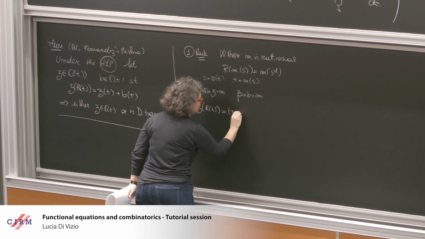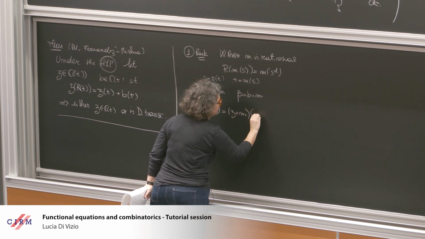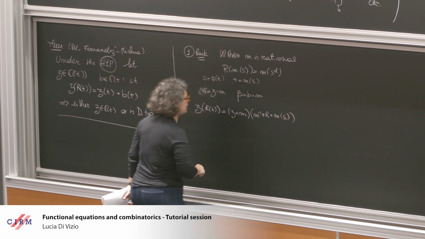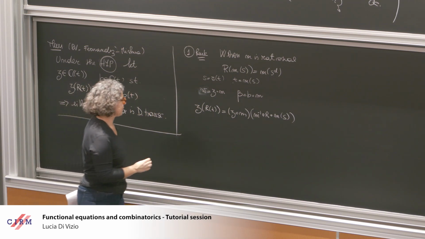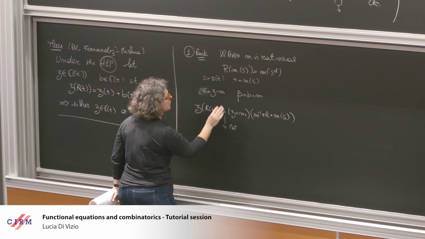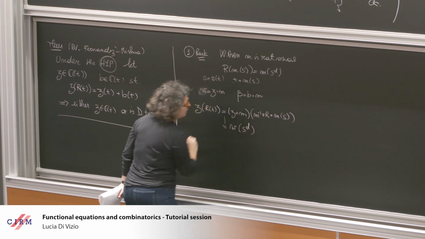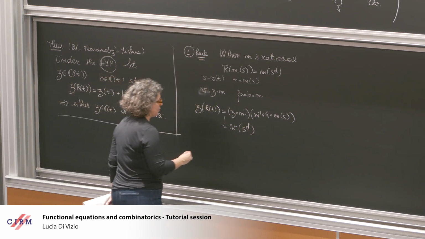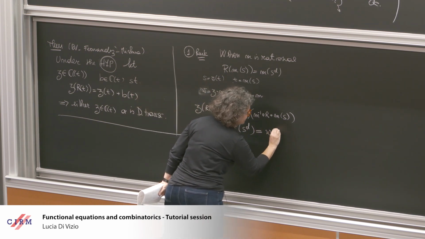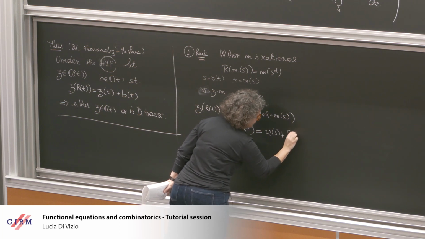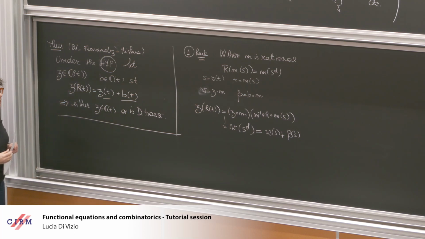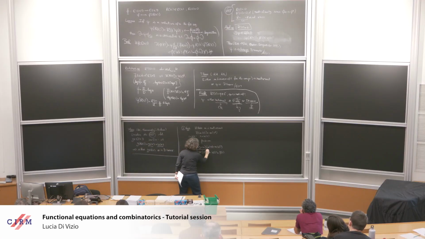This gives you W of S to the D. So you make a change of variable here, and this is going to be W of S, and this is going to be beta of S, just rewriting this one. And this is a Mahler equation, which is well studied.